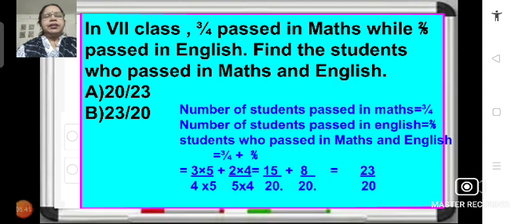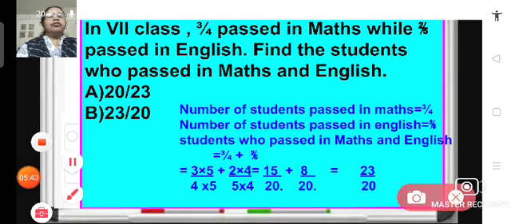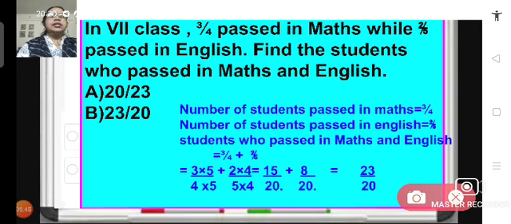In 7th class, 3/4 students passed in maths, while 2/5 passed in English. Find the students who passed in maths and English. So what we have to do? We have to add up both the fractions. So the fraction of students who passed in maths is 3/4 and in English is 2/5, isn't it? Now the students who passed in maths and English, we will add both the fractions, 3/4 plus 2/5.